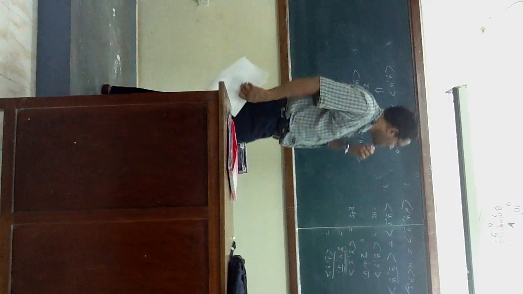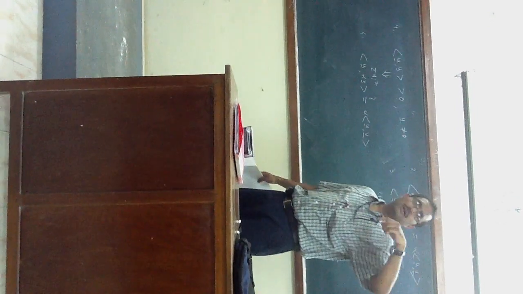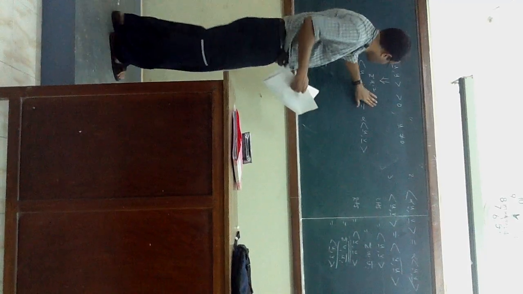Alpha has to be... I didn't say alpha is complex, no? Yes, that's the rule. So since alpha is a complex quantity, this is not valid. The correct one is alpha bar, the complex conjugate. How to prove it?